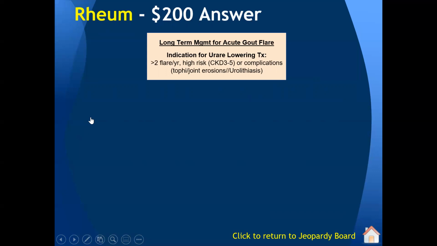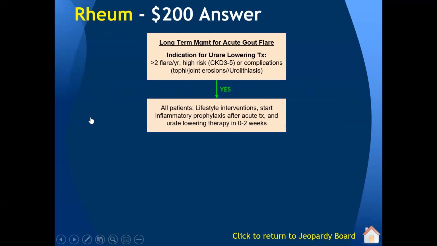If they have anything worse than CKD3, you actually want to start those patients on urate lowering therapy. And lastly, any complications: tophi, an x-ray with joint erosions, urolithiasis. You're going to start urate lowering therapy.